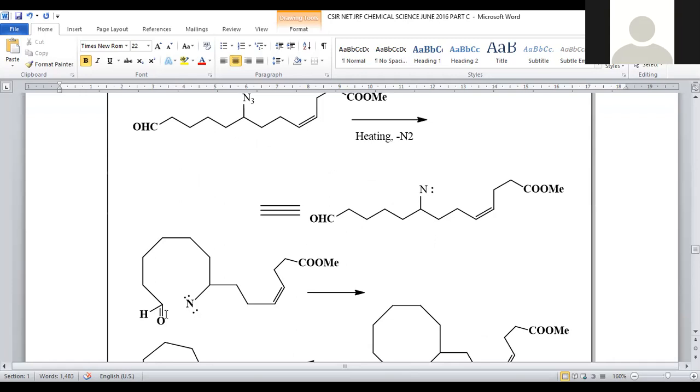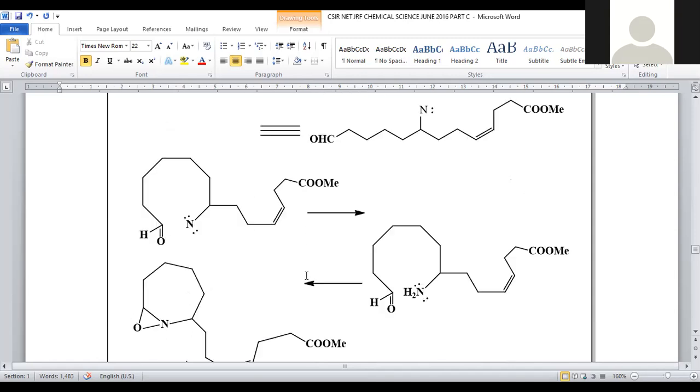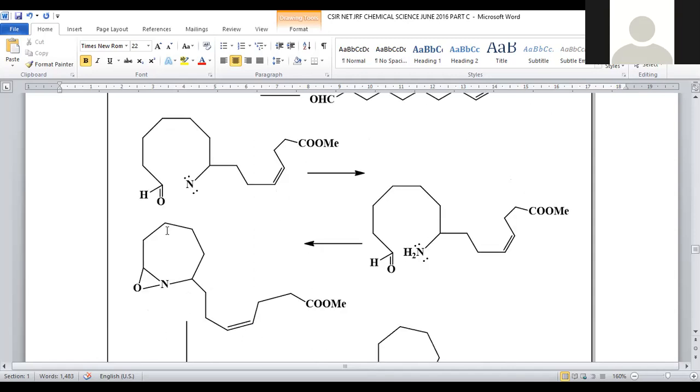It can be represented in a resonance form in order to cyclize the molecule. This nitrene is an electron-deficient center as well as an electron-rich center. That means a negative charge is there and one vacant orbital is also associated with this nitrogen atom. And here we have a carbonyl functional group, so that there is a formation of, let us see what we will get here.